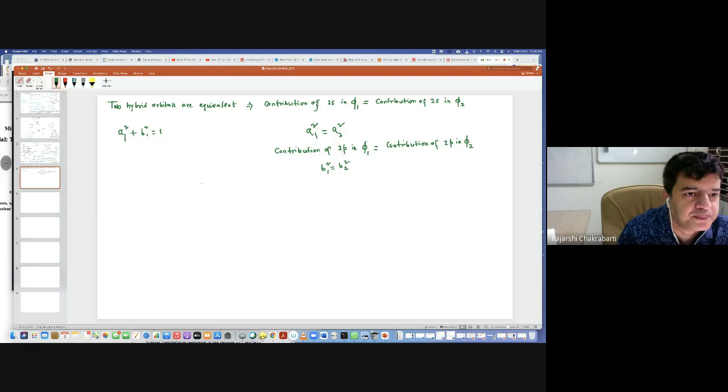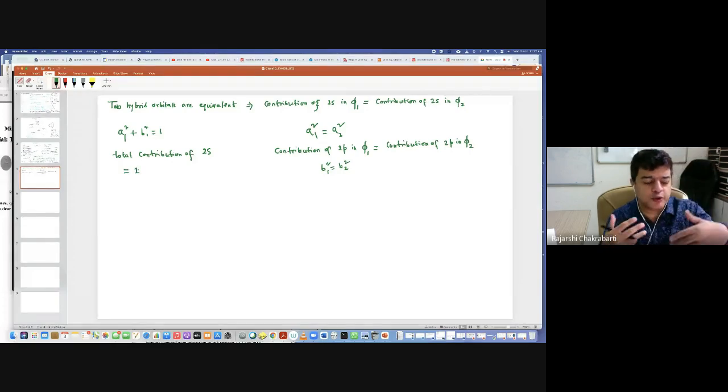Now the total contribution of 2s has to be equal to 1, no?